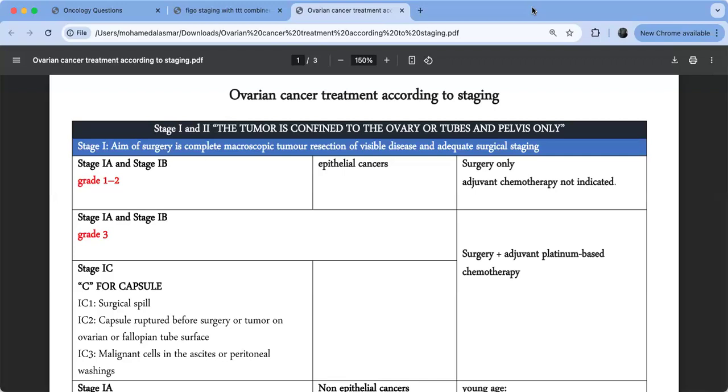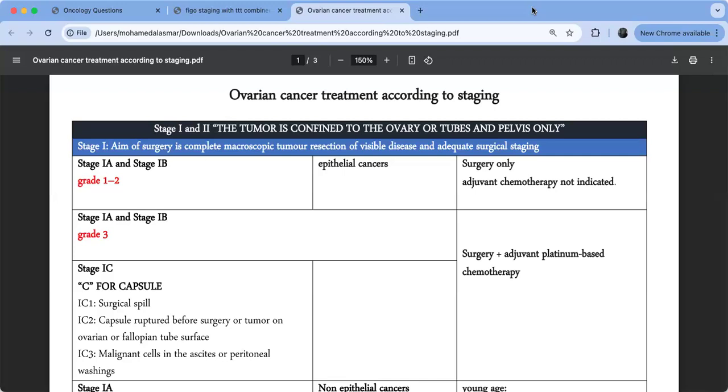For some patients, sometimes starting from stage 2, especially if they have a poorly differentiated or aggressive tumor, we can even start with what we call neoadjuvant chemotherapy, right?